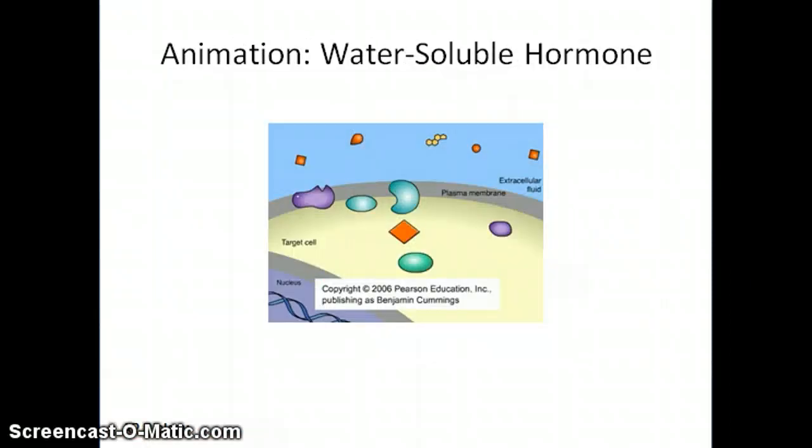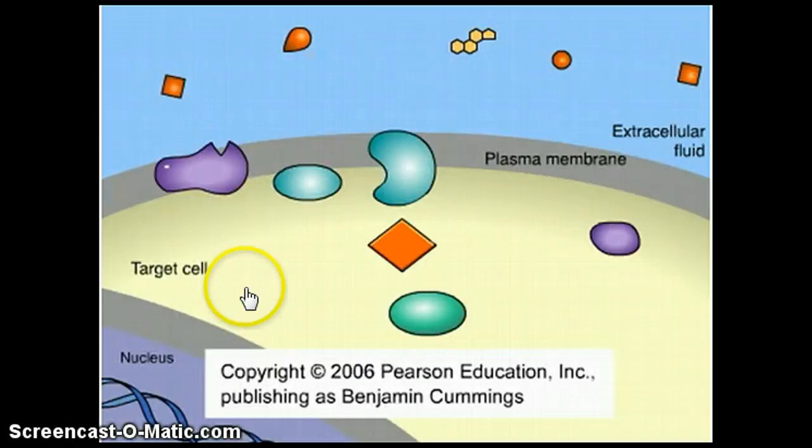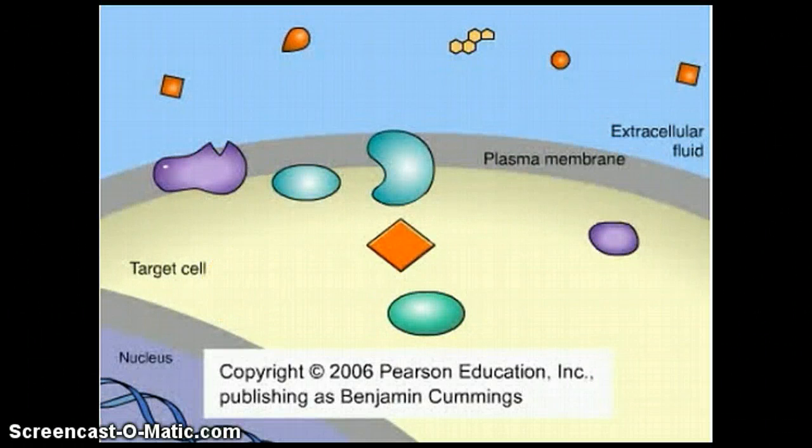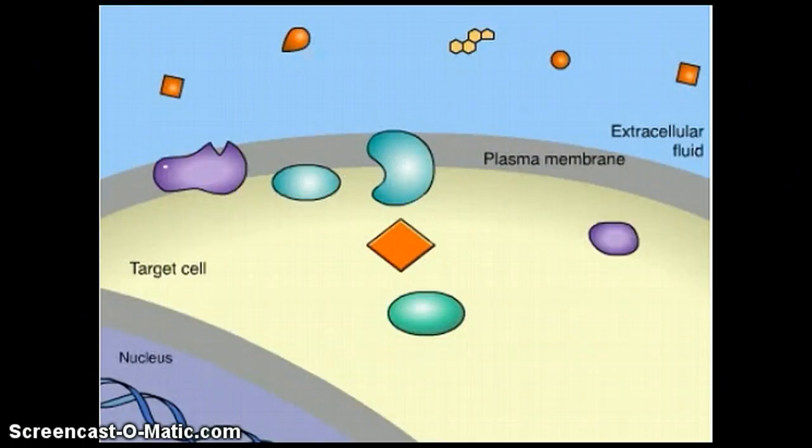So this is an animation again from the textbook of the action of a water-soluble hormone. Hormones act as chemical signals, but how do they trigger changes in particular target cells? Non-steroid hormones, hormones derived from amino acids, oxytocin and epinephrine for example, work via signal transduction pathways to activate or inhibit proteins within cells.